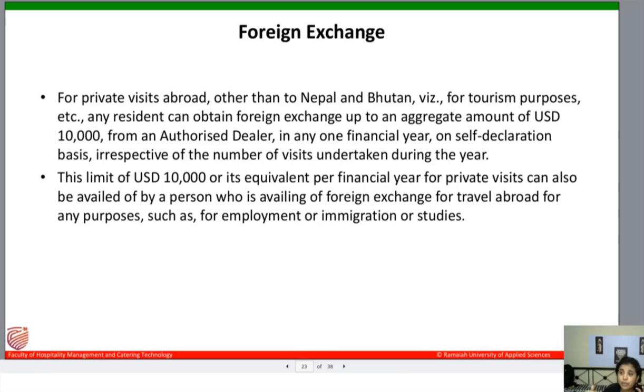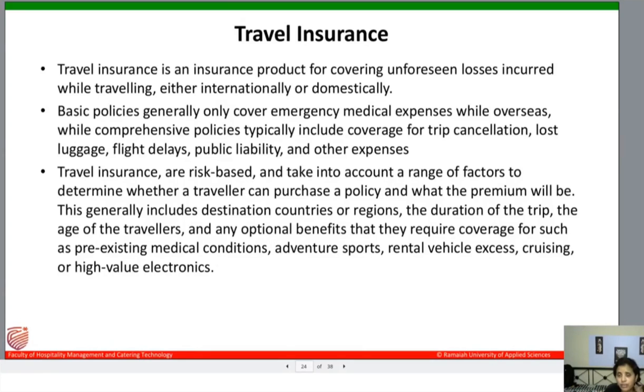So if you have multiple visits in a year, you need to get a special permit, and that's what is mentioned in the next line. If a person is going for business purpose or other thing, they need to get a special permit given by RBI.